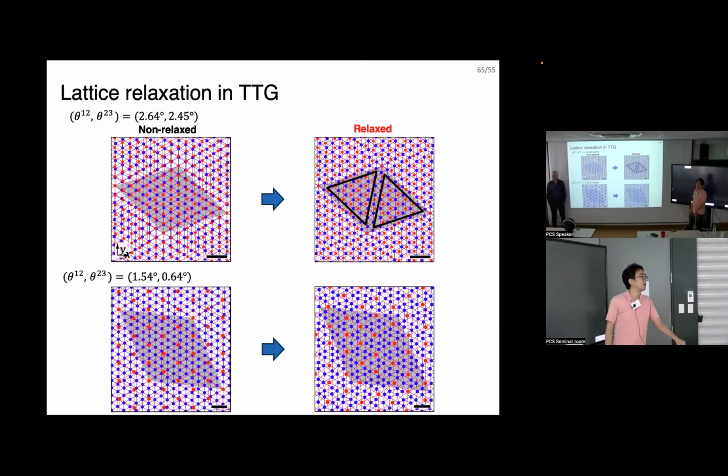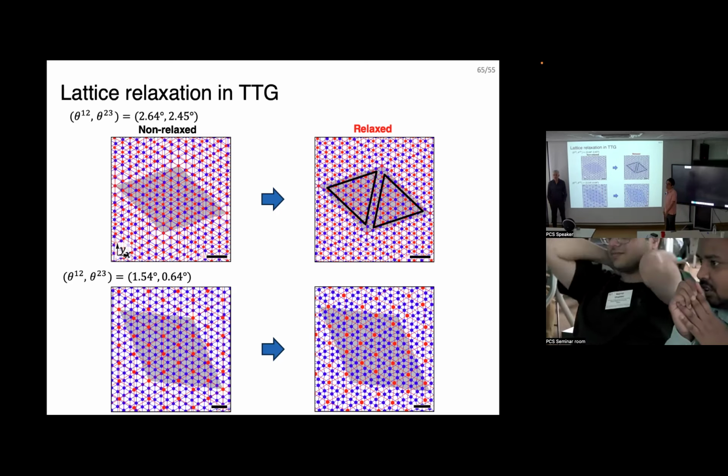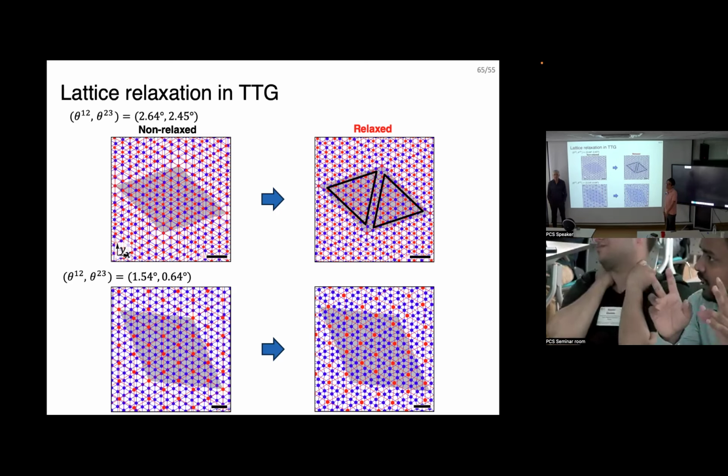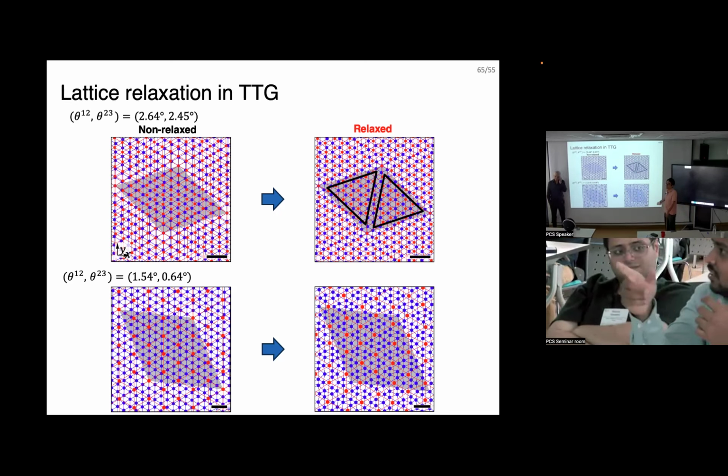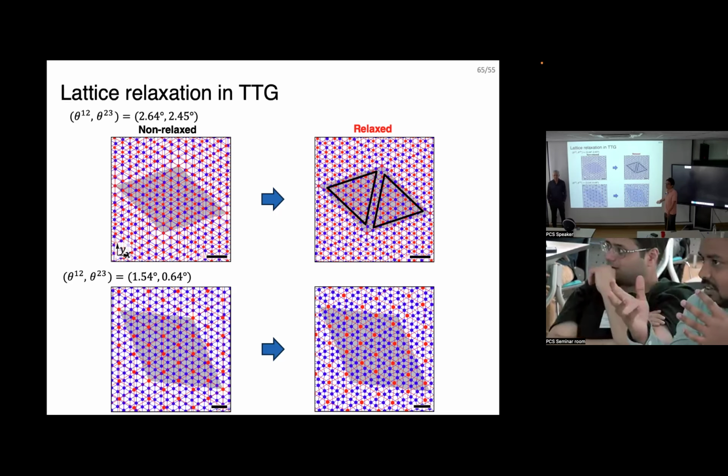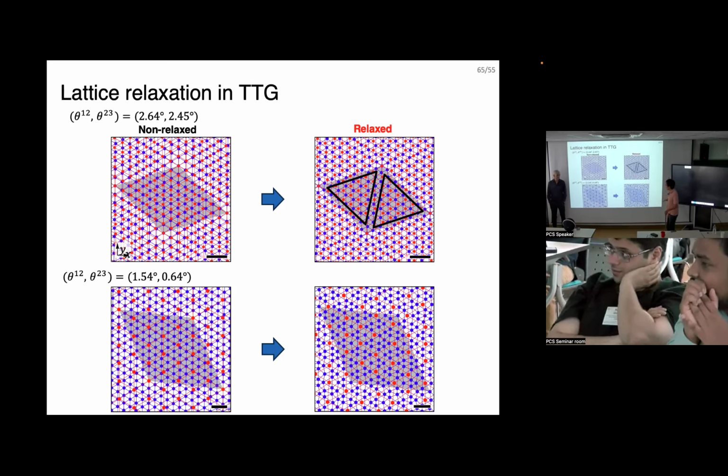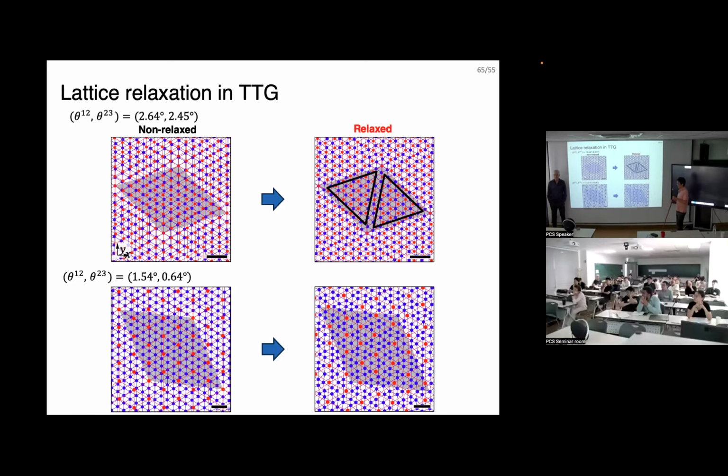Maybe I will answer. When you talk about relaxed structure, you do a perturbative calculation of electronic and phononic degrees of freedom. How do you get this relaxed band structure? The relaxation calculation is independent of the band calculation, because it is basically determined by the elastic energy and the interlayer coupling.